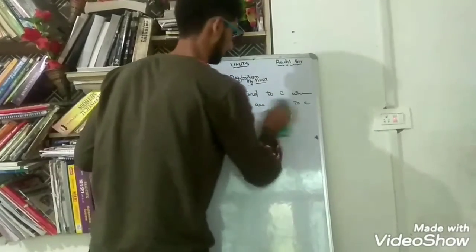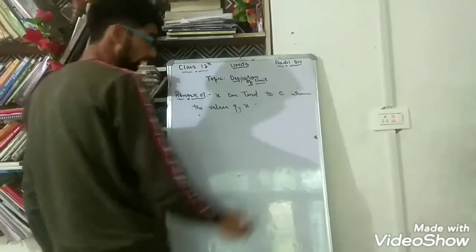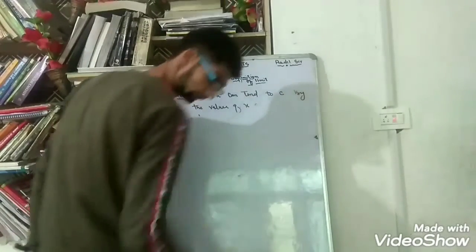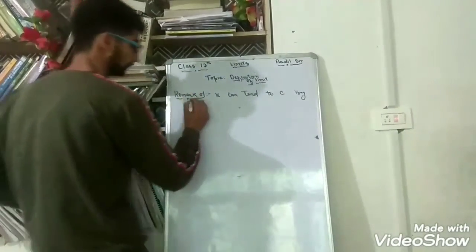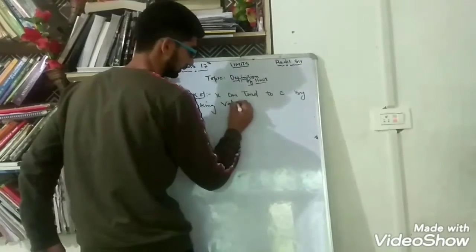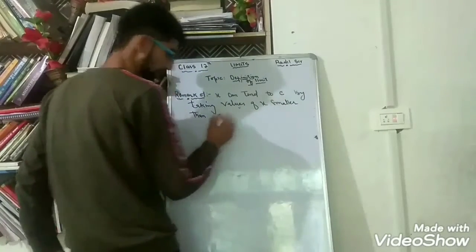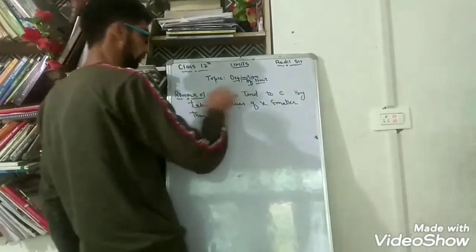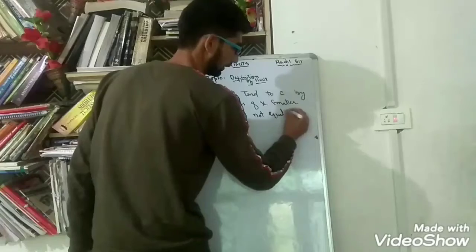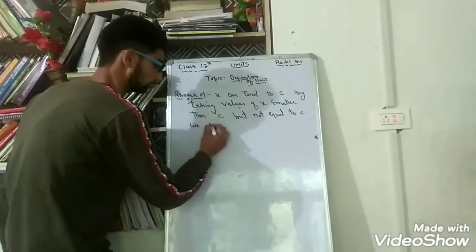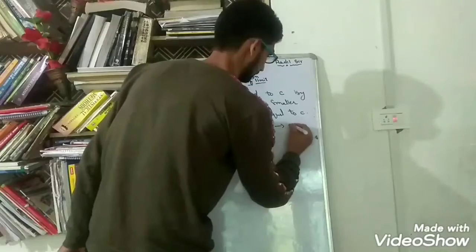You erase it better, you write here x can tend to C by taking values of x smaller than C but not equal to C. We write this as x tends to C negative.